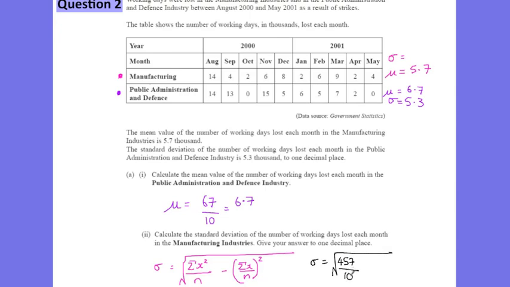So we are dividing by 10, and we're subtracting our mean. Don't work out the mean. We're told in the question that the mean here is 5.7. So 5.7 squared. Calculating that gives us a standard deviation of 3.6. So the standard deviation for the manufacturing industries is 3.6.